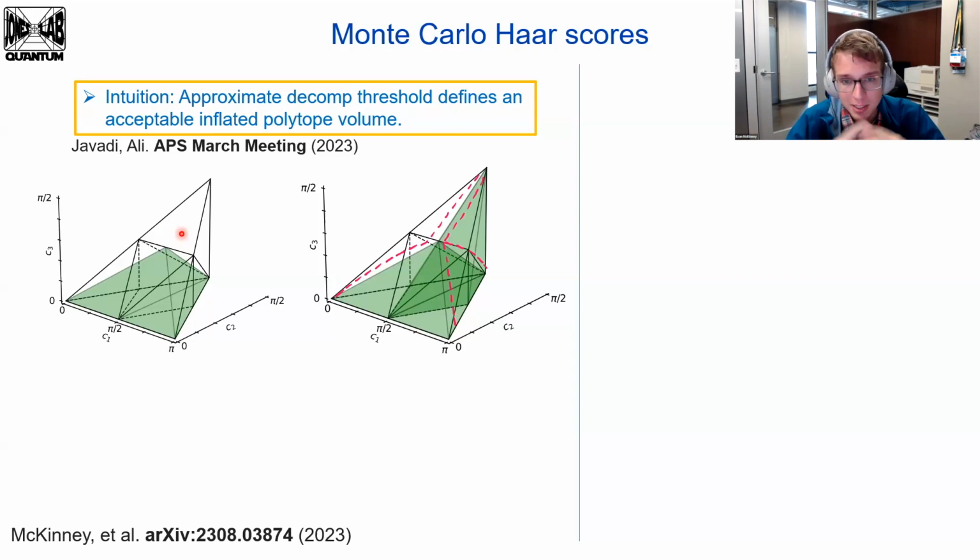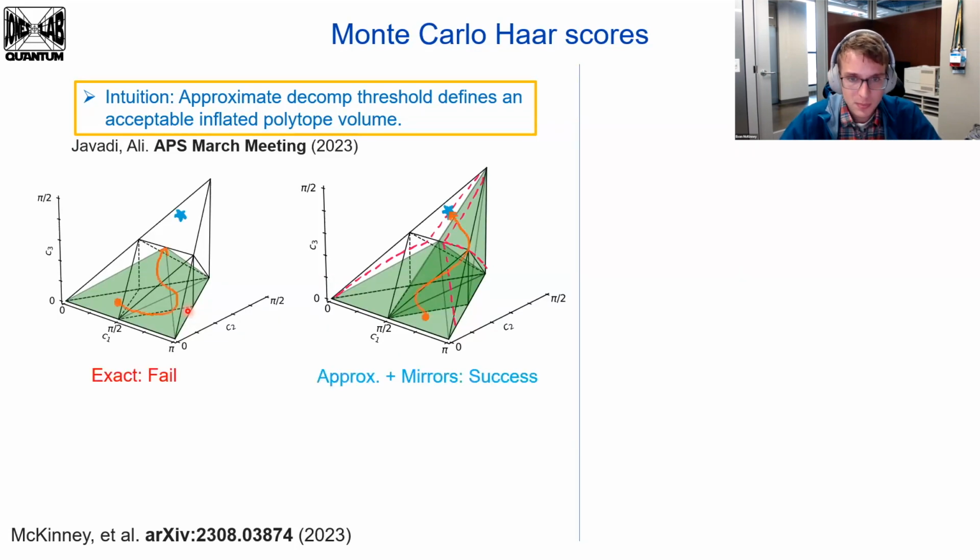So the idea is we have exact decomposition with this picture on the left. We have mirror decomposition where we added the polytope of the mirror of the original polytope. But for each of these, we could also allow approximate, where we've added some layer above it, some inflated version of the volume. And for each of these 4, we can compute the hash score.